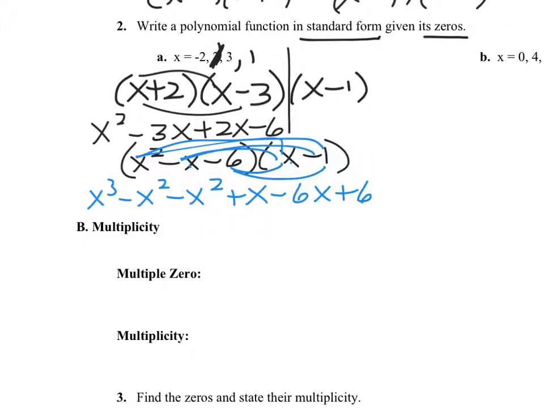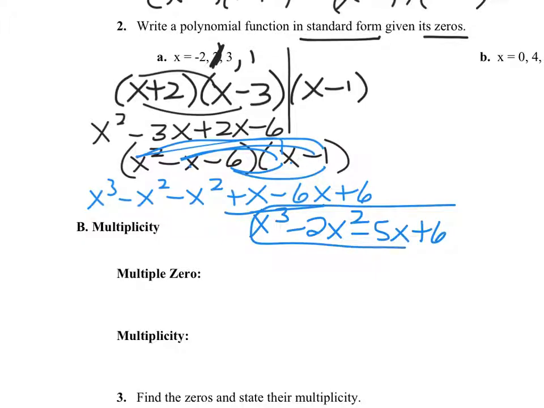You're going to have one of these in your homework. All right, so you get x cubed. Combine your like terms. If I have a negative 1x squared and another negative 1x squared, that means I have negative 2x squared. And if I have a positive x minus 6x, that means I have negative 5x and then plus 6. That would be the answer.